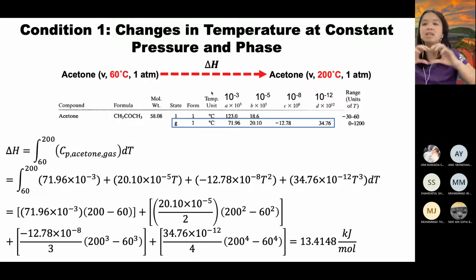Kamu nampak? Kita nak kira enthalpy disebabkan perubahan suhu. So kamu nampak saya kira daripada 60 to 200. Bawah tu adalah suhu permulaan, atas tu suhu pengakhiran. So you can see the increase of temperature, my enthalpy is surely a positive enthalpy. So kalau kamu kira dapat negatif, kamu check lah balik. Mesti ada salah somewhere.